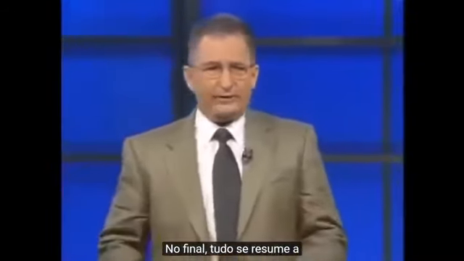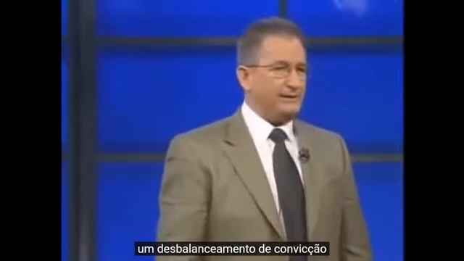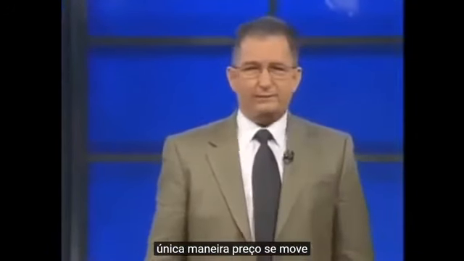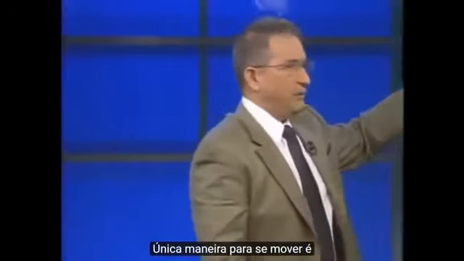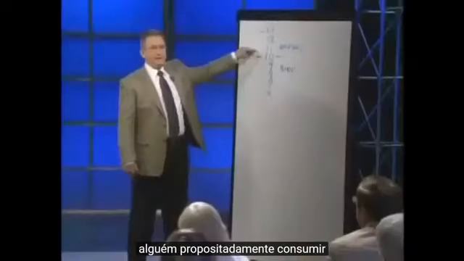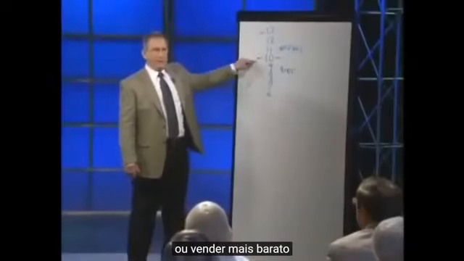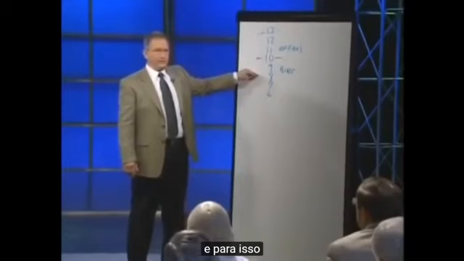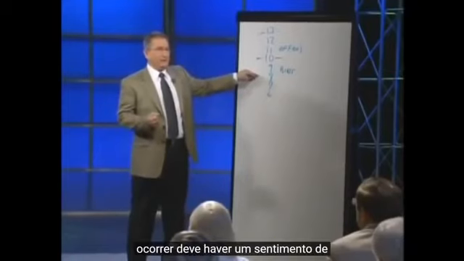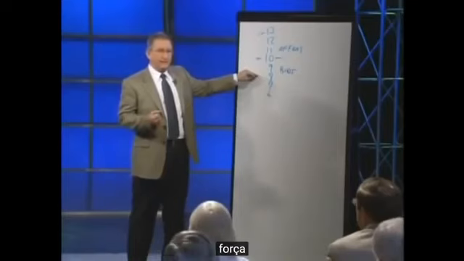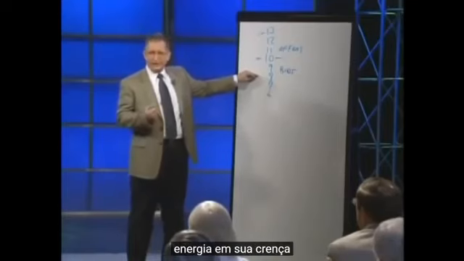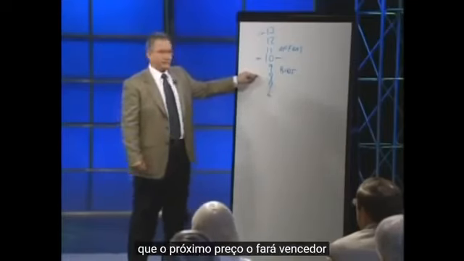Ultimately, it all boils down to an imbalance in conviction. That's the only way prices can move, because the only way they can move is for someone to purposefully bid it up or offer it lower. And for them to do it, there has to be a sense of strength, of energy, in their belief that the next tick is going to make them a winner.